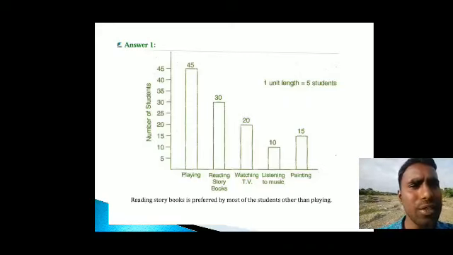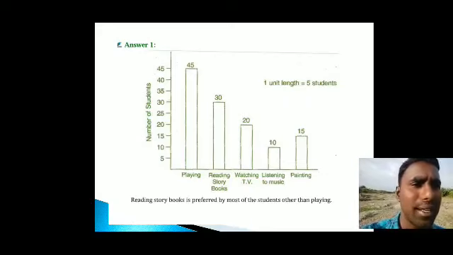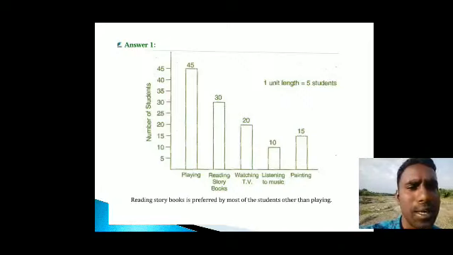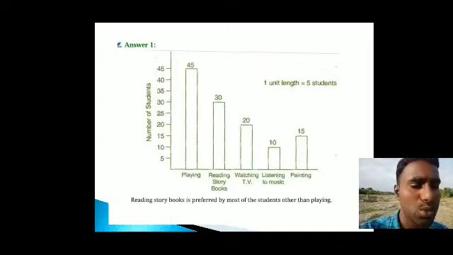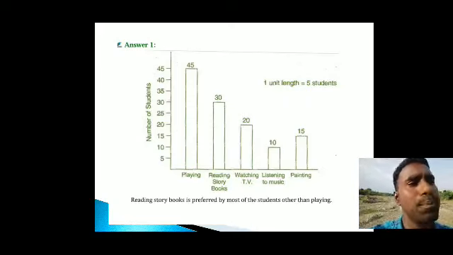Other than 45, which one is higher? That height will be the maximum, so 30 will be greater. If you look down at 30, it means reading storybooks. So reading storybooks is preferred by most of the students other than playing.